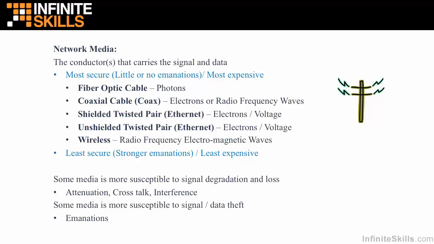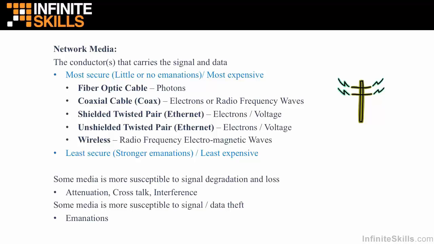Now, as it holds that energy within, less energy leaks out. Therefore, the emanations, the security component of emanations, is fairly strong. Difficult for a bad guy, not impossible though, but difficult for a bad guy to steal that signal without getting very close to the cable, perhaps even placing into the cable itself.